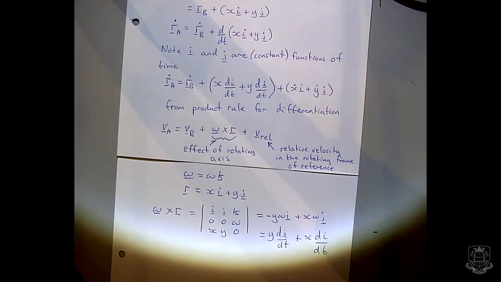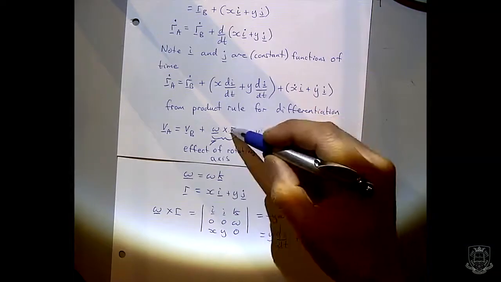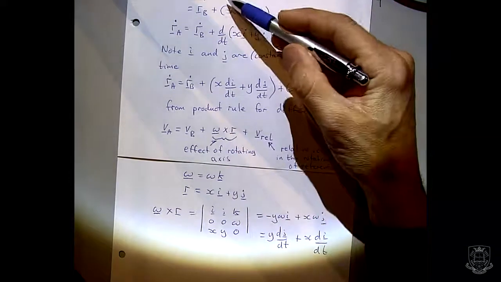Of course, if you look at the way we've written that, we could, if we wanted to, group these two terms together and say that they're equivalent to r dot.